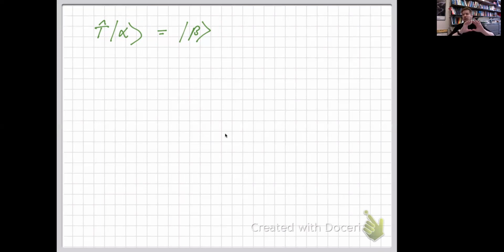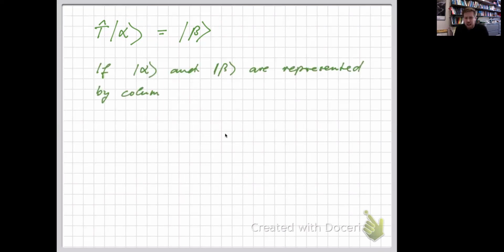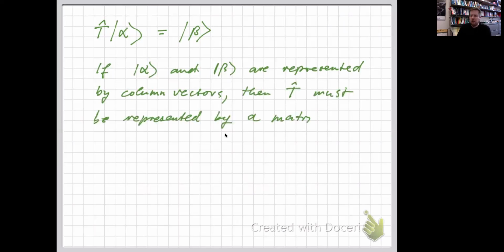In other words, I need a function that takes you from column vector to column vector. Well, that is nothing other than a matrix. T must be represented by a matrix.